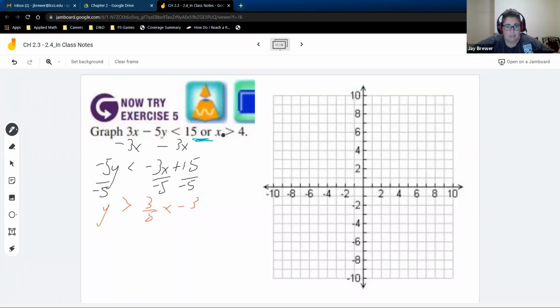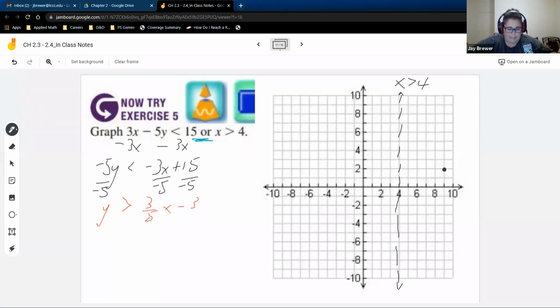So let's use the trick with the x greater than 4. So we're going to come to x equal to 4. And it is a dashed line. X greater than 4. Okay.